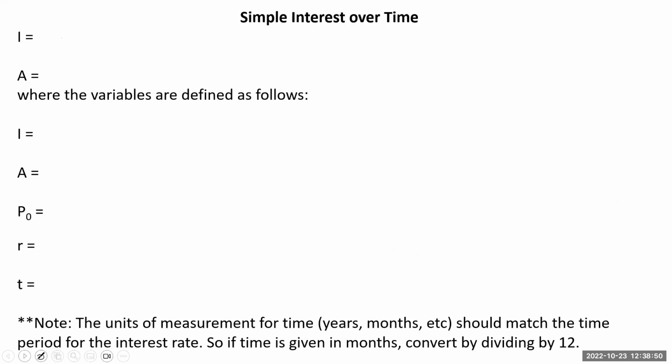So you will notice on the top of your Math 154 formula sheet, if you have that out, you will see some formulas there for simple interest. So we're going to define what those variables mean and explore those formulas a little bit more.